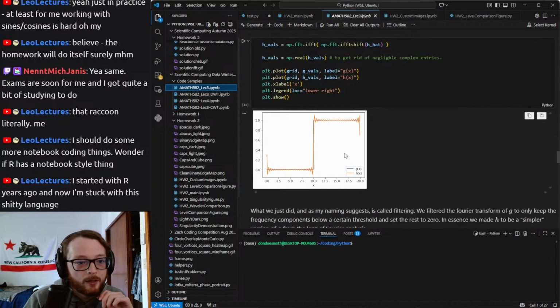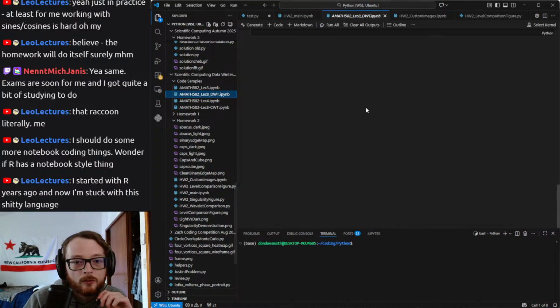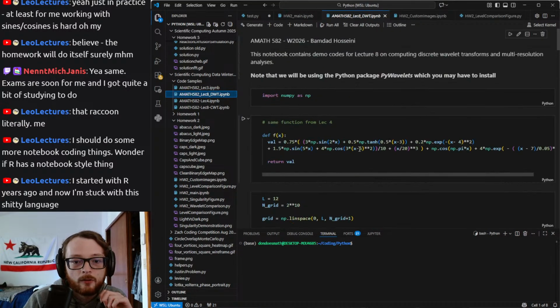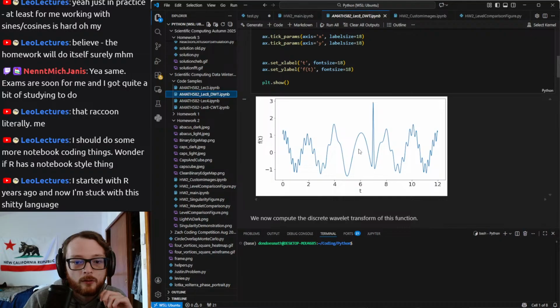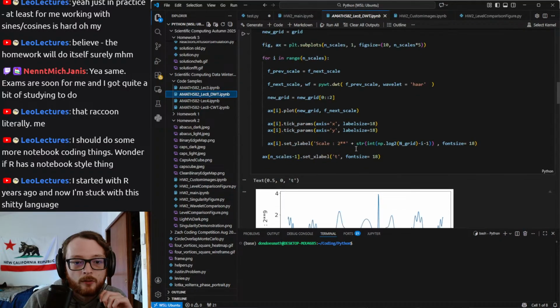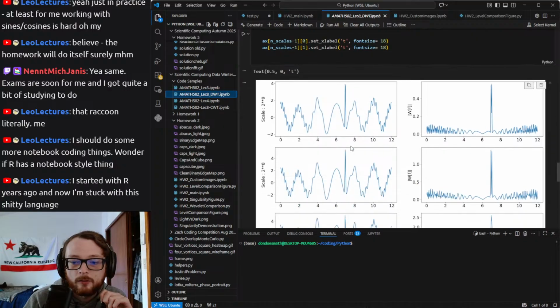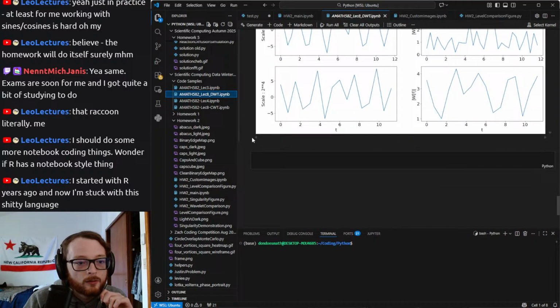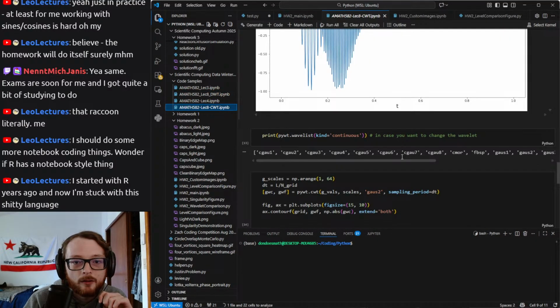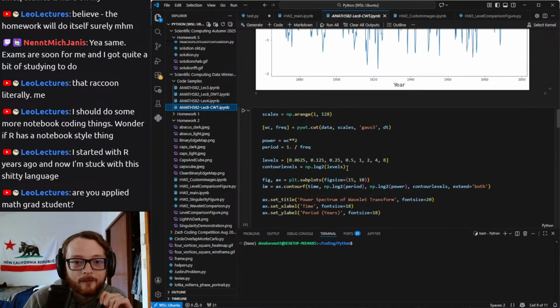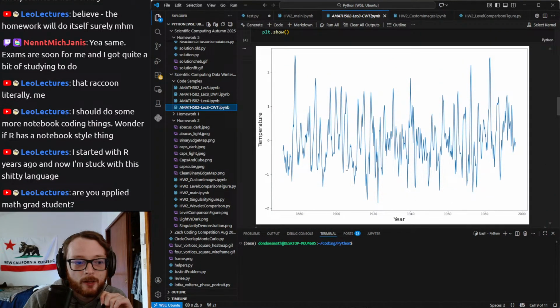My bad. Surely it's this one. These are the wavelet transforms, but really? Oh, this is it. Okay. Before I showed the cool graph.